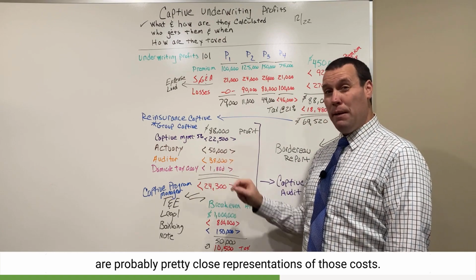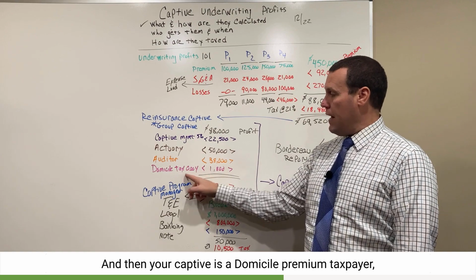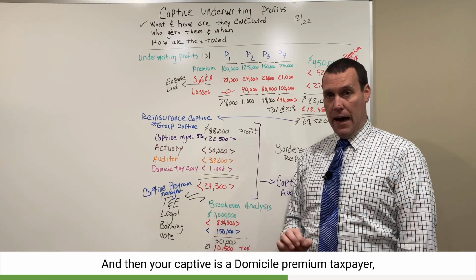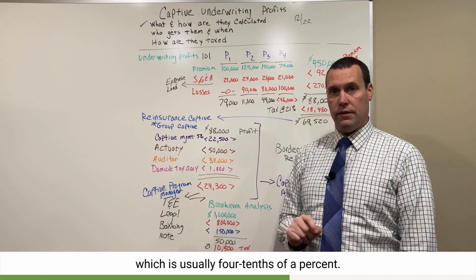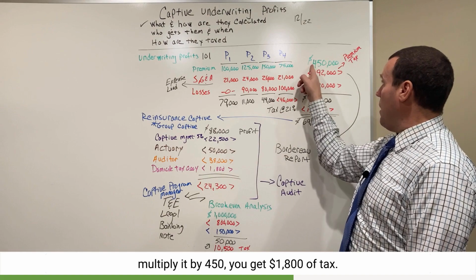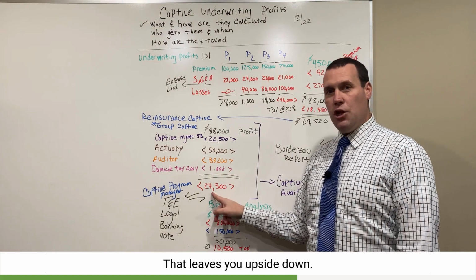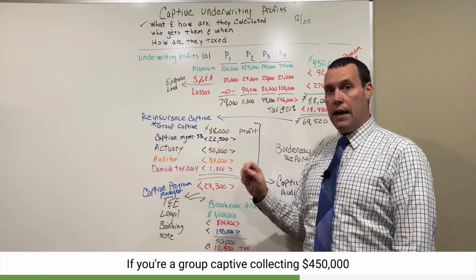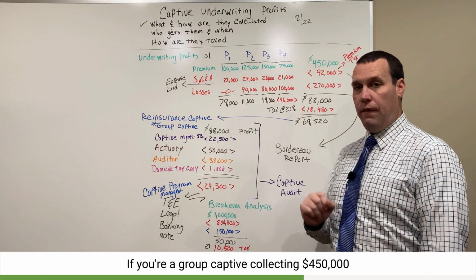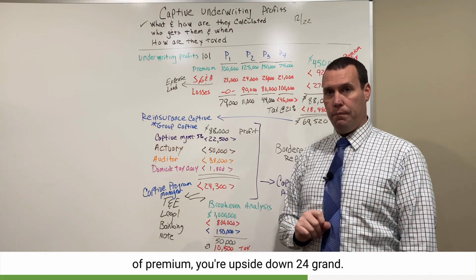And these are probably pretty close representations of those costs. And then your captive is a domicile premium taxpayer, which is usually 0.4%. So when you take 0.4%, multiply it by 450, you get $1,800 of tax. That leaves you upside down if you're a group captive collecting $450,000 of premium. You're upside down 24 grand.